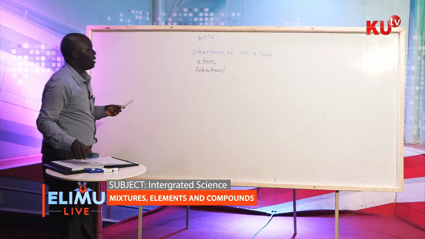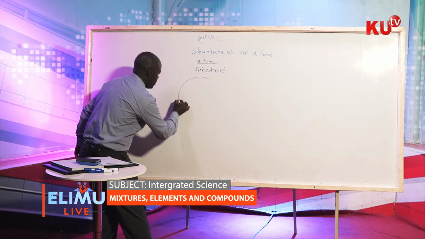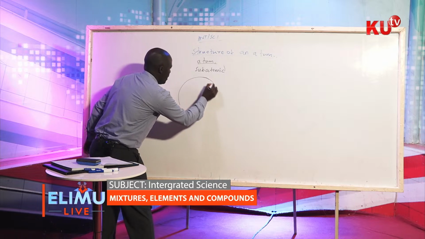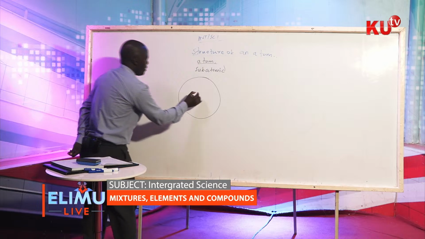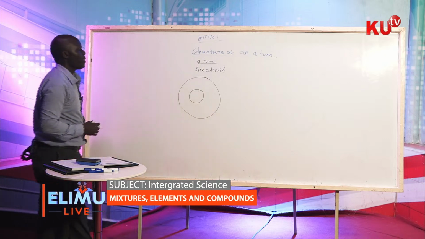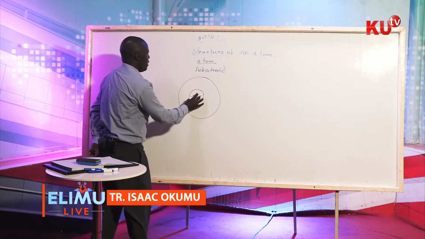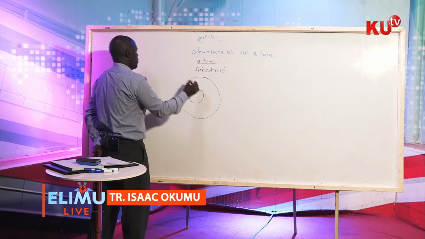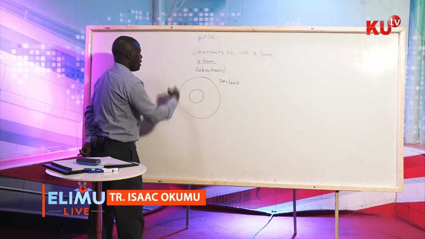An atom, I will try to draw a structure here of an atom. It has two regions. The inner region is what we call the nucleus.